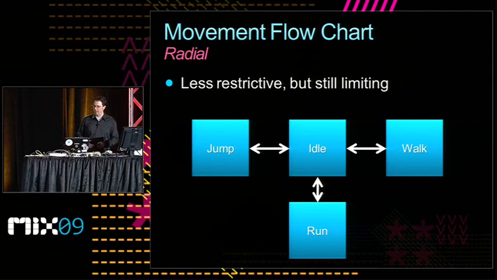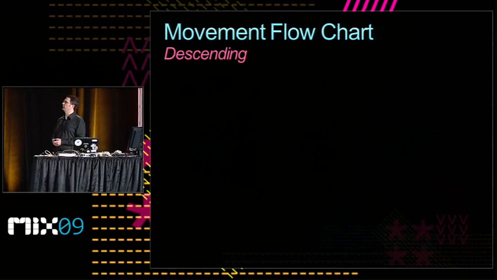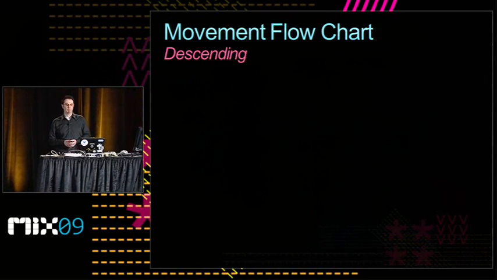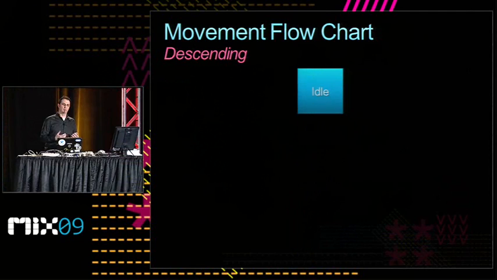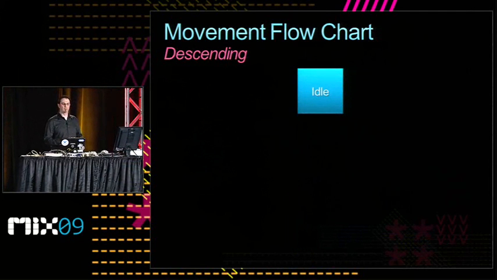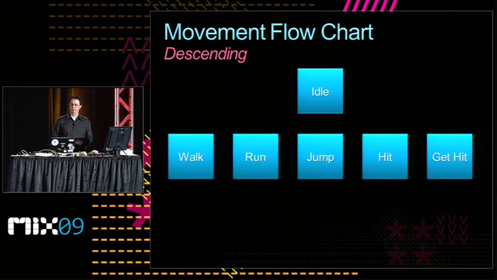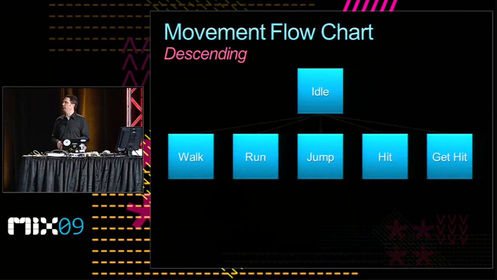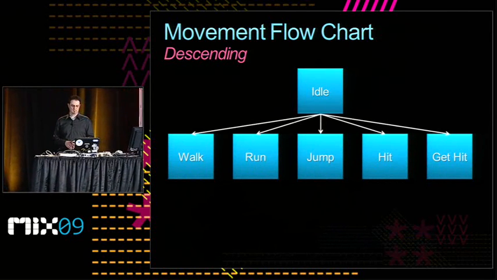And then the final type, which is the most robust and also the most complex, is referred to as a descending movement flowchart. This one starts out with your base state. In this case, we'll say idle. And then you draw in every movement that's possible from your idle state and the relationships to the base state.